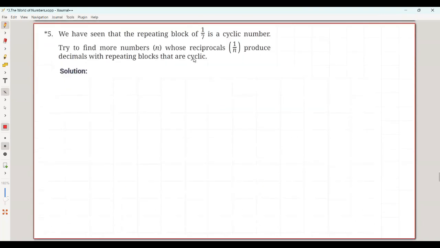Question number 5. We have seen that the repeating block of 1 by 7 is a cyclic number. So try to find more numbers n whose reciprocal 1 by n produces a decimal with repeating blocks that are cyclic.